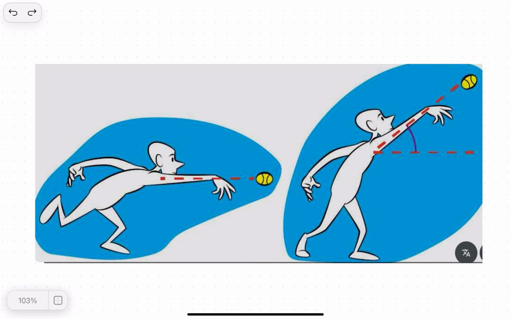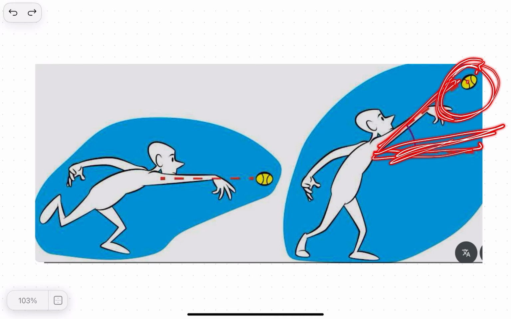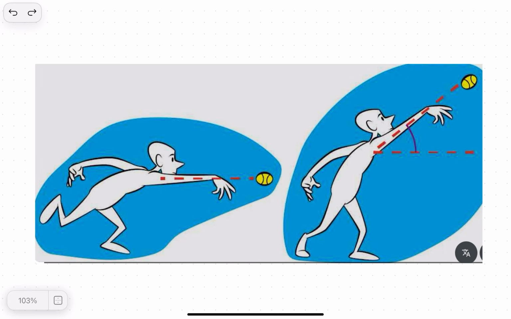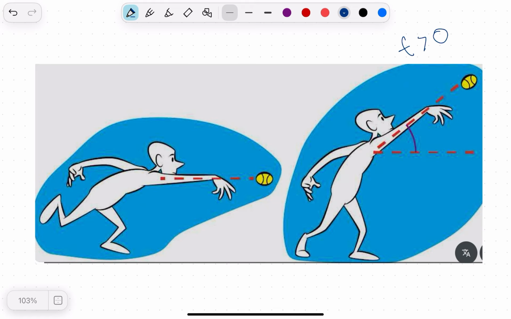However, if you throw it higher on an angle, it would stay in the air longer, so your t would increase. Let me write that down. Your t would be higher on this side, and on the other side we'll say t is equal to 0, for example, but t would be greater than 0 on this side, because you're throwing it on an angle.